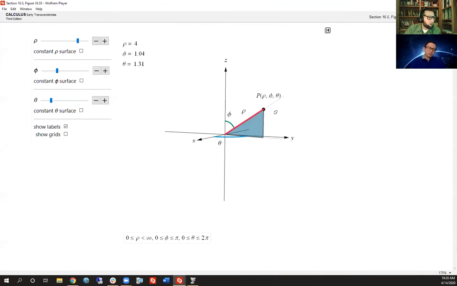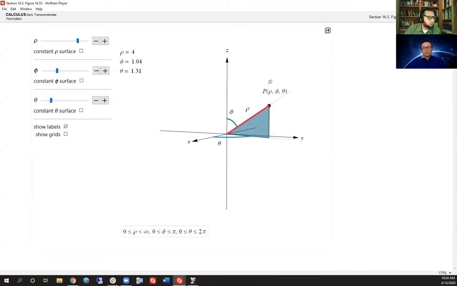So like we were talking about, in spherical coordinates, we have 3 variables. Rho, as in row, row, row your boat. Phi, as in fee, fi, fo, fum. And theta. One thing might jump out to you about this versus the notes.